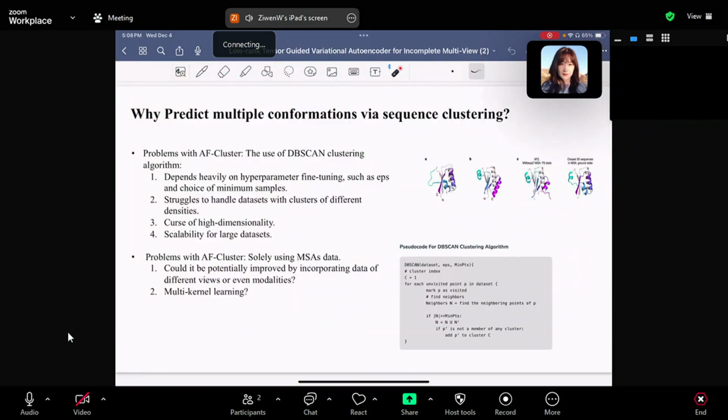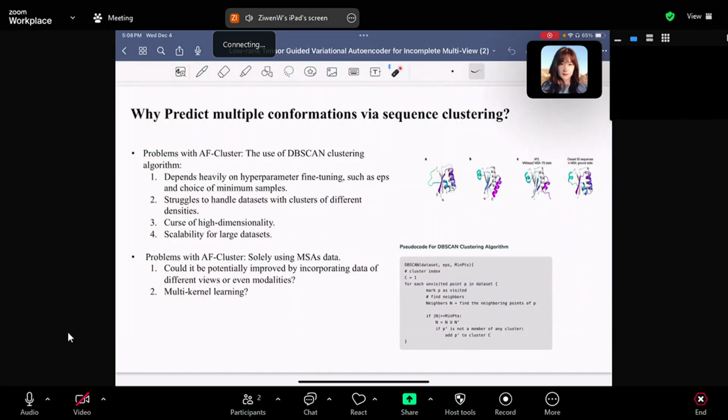We have already developed much more sophisticated methods like spectral clustering or hierarchical clustering. So this algorithm might not address the complicated problems in the protein fold data.